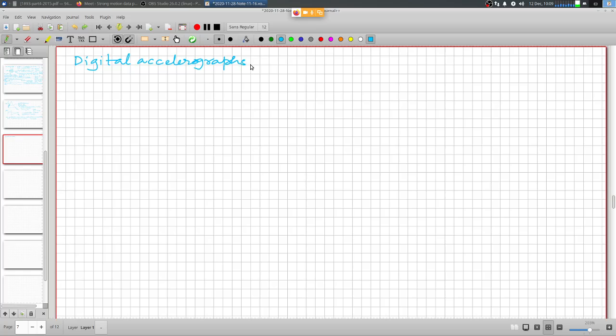Digital accelerographs, the design, I will get into a few rudimentary concepts of the design of digital accelerograph, and how they are different from the analog accelerograph that we discussed in our previous discussion.